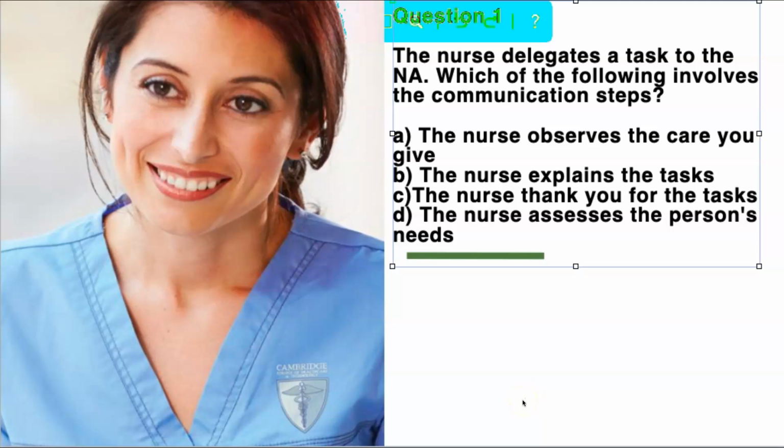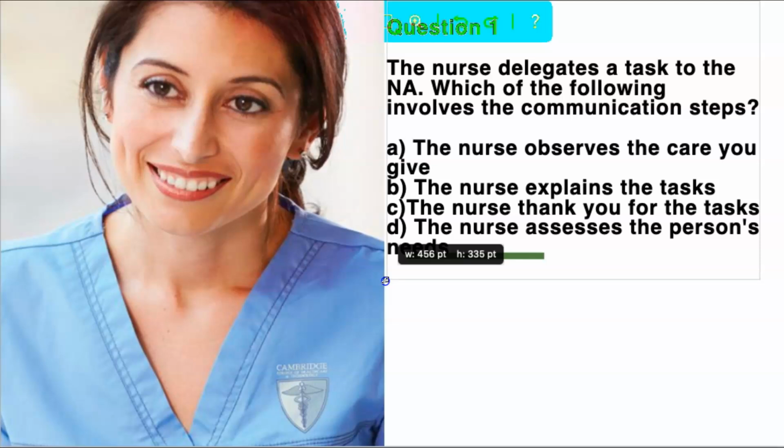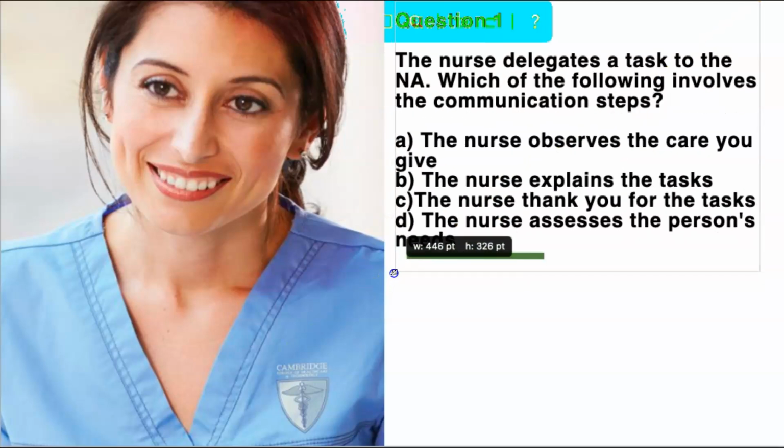What do you think might be the correct answer for question 1? Remember, it's only an RN or a licensed practical nurse who can delegate a task to you as a CNA. A CNA cannot delegate. We spoke about this one in the classroom.